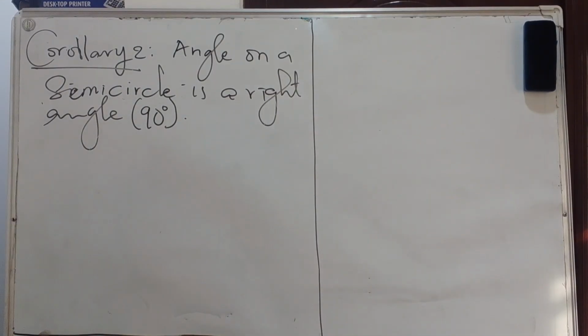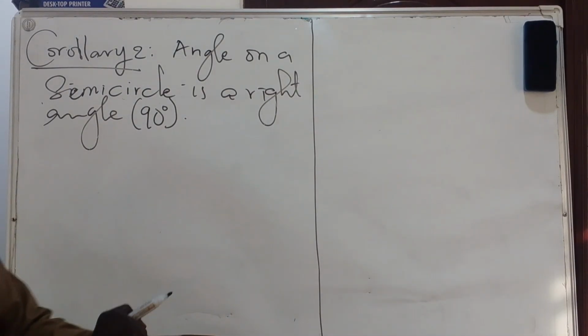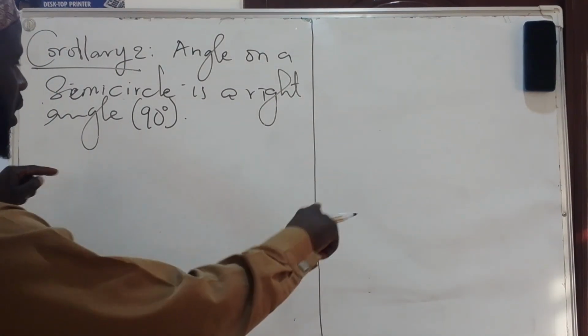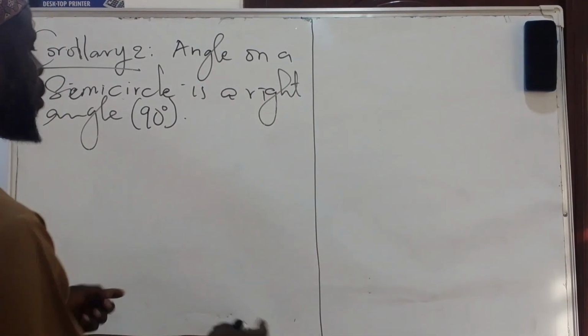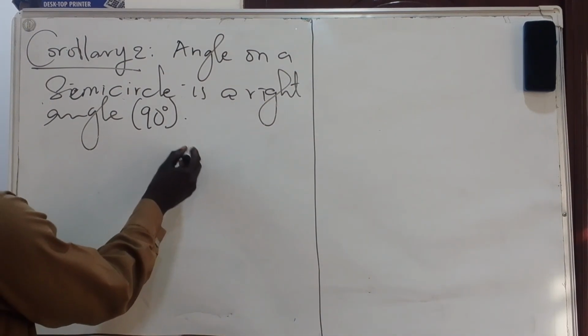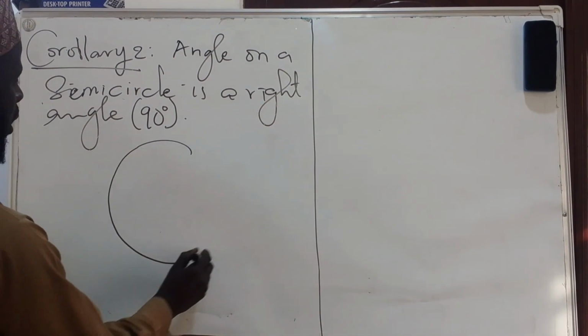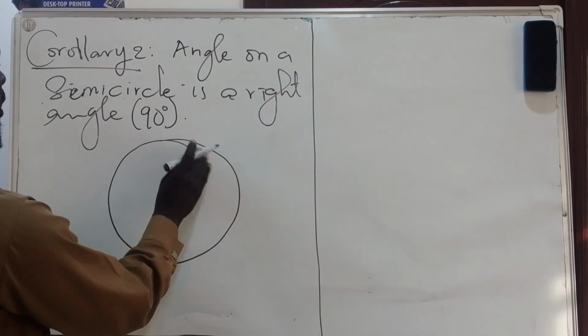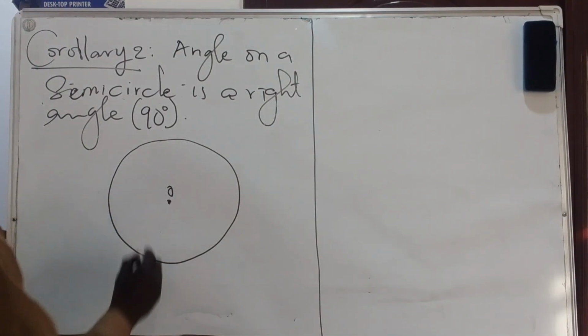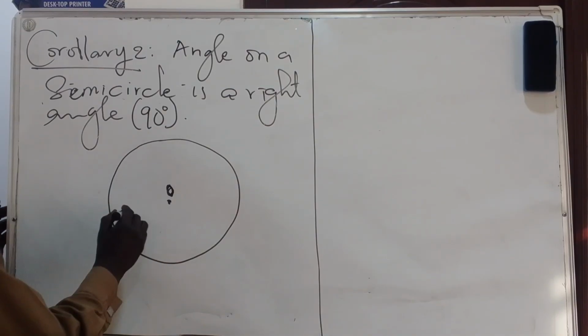You know what a semicircle is? You have a circle and you have a diameter passing through, and any angle that is formed from the end point of the diameter on any part of the circumference is what we refer to as angle on a semicircle. Even though not drawn to scale, O is the center of the circle.